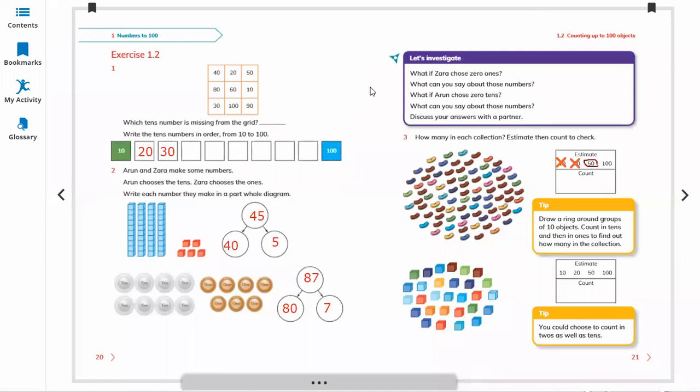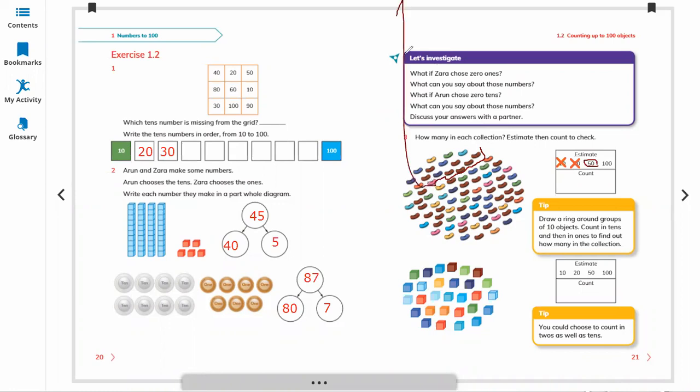So let me put them in groups by counting them and putting them into tens. Let's make a circle.